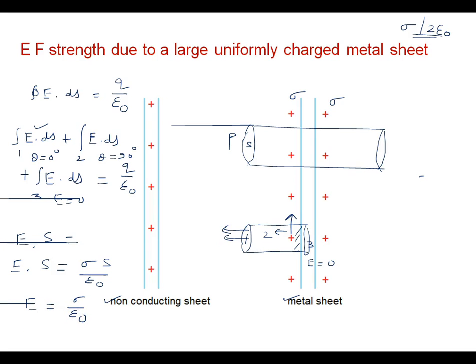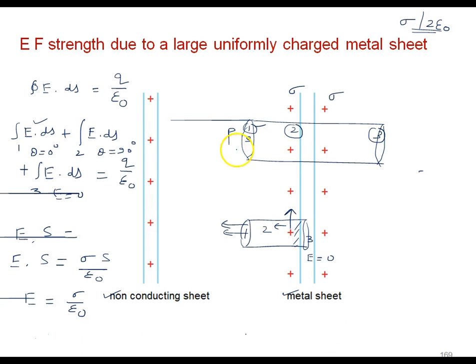Now we can think from this diagram also. Again there are three surfaces, 1, 2, 3. Let me change the color so that you will get better idea. Again here, this is the direction of the electric field.